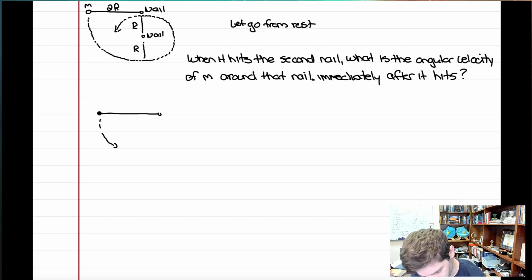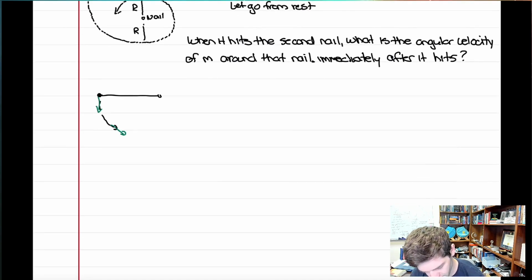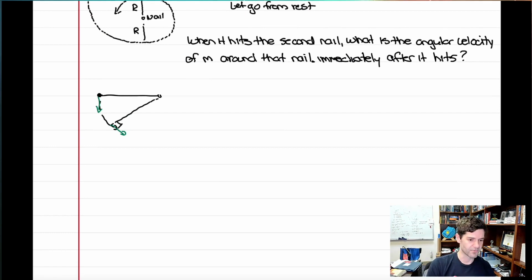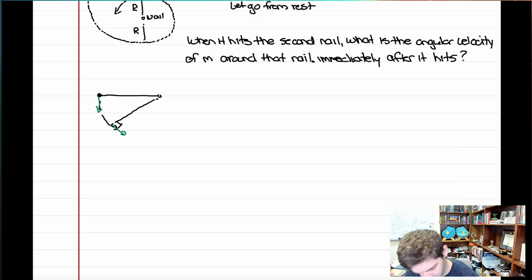That means, if I use green for velocity, its velocity is always going to be perpendicular to the direction of the rope. The rope is always pulling towards the center of the circle, where the velocity is always going to be perpendicular to the direction of the rope. So in this case, the rope does no work on the ball.